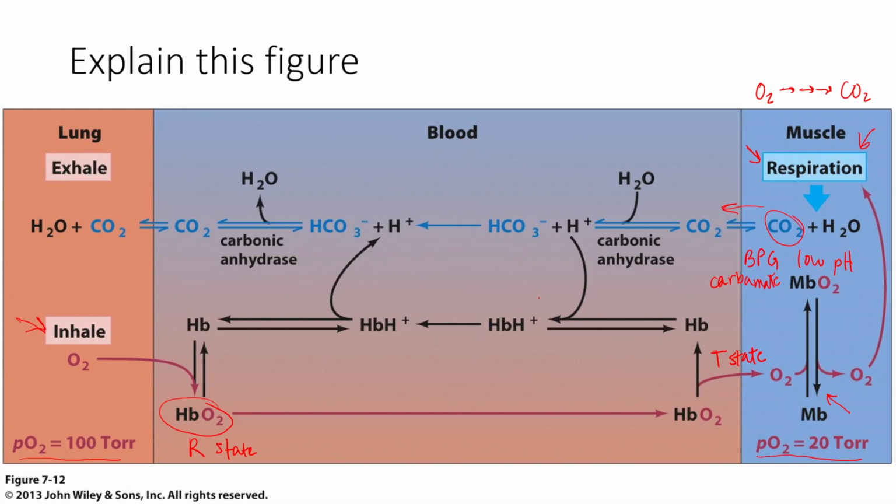Carbonic anhydrase will take carbon dioxide and water and help to make carbonic acid, which separates into bicarb and protons, which is, as we know, part of our blood buffer system. So now in this environment, we have a lot of free protons, which does what to the pH?